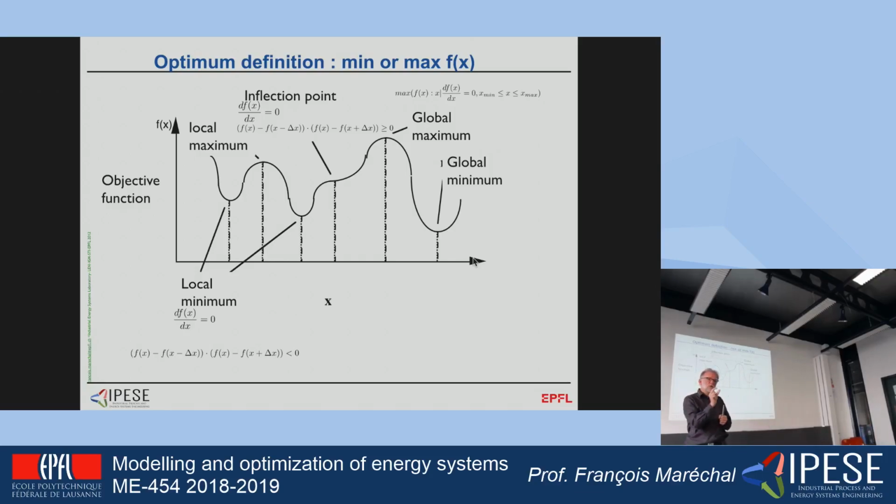So I'm not going to look at square centimeter PV panels. I'm looking for square meters. So it means that I know that I have to look in the square meter scale, and most probably then I have a higher chance of having only one optimum. This is for the objective function.